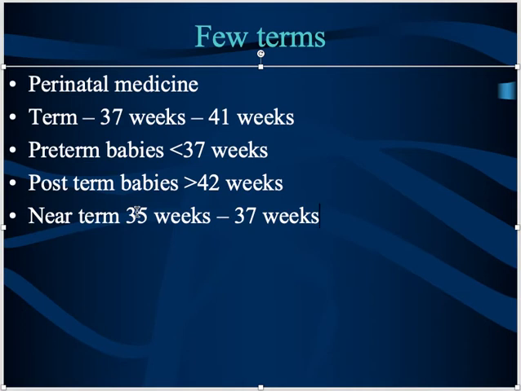But babies' lungs get mature once they cross 34 weeks. So 35 to 37 weeks babies are preterm, by the way, but their lungs are mature. When we discuss this in detail, you will know why maturity of the lung is important.